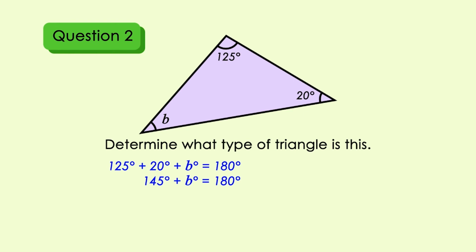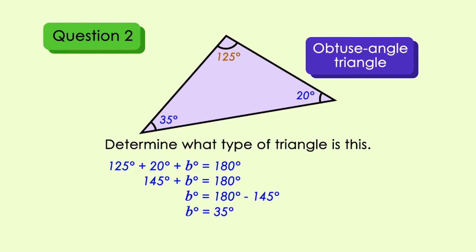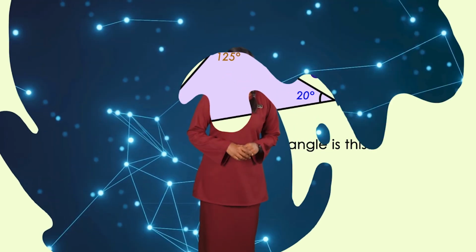Then, I subtract 145 degrees from 180 degrees. Finally, the answer for angle B is 35 degrees. I can see two acute angles here, which are 35 degrees and 20 degrees. I also have an obtuse angle, which is 125 degrees. Hence, this is an obtuse angle triangle. Here's a star for you if you got this right.